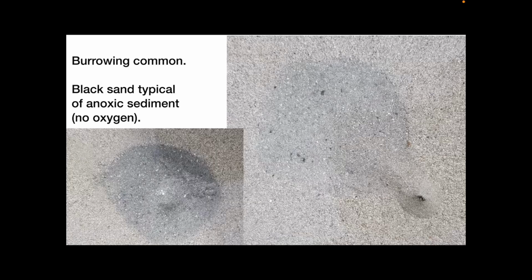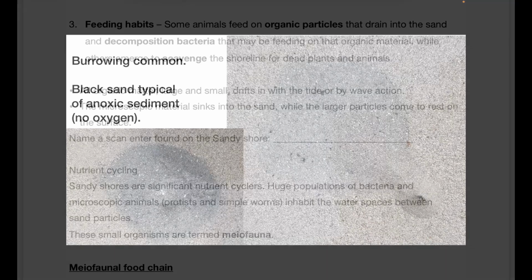Okay, so in this picture, you can see that it says black sand is typical of an anoxic sediment, so where there's no oxygen. So here it doesn't look so much black, but it's kind of like a grey color, which is quite obvious against the brown of the sediment. And then on the picture on the right here, you can see there's a little hole as well of where that animal burrowed. And as it burrowed, it pushed the sand out, creating this black sand heap.